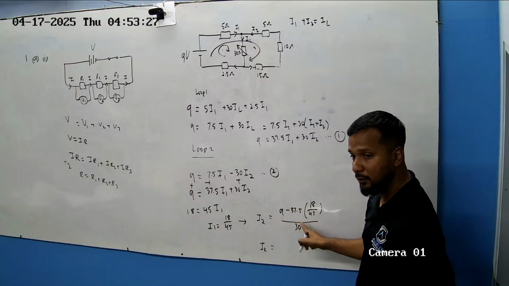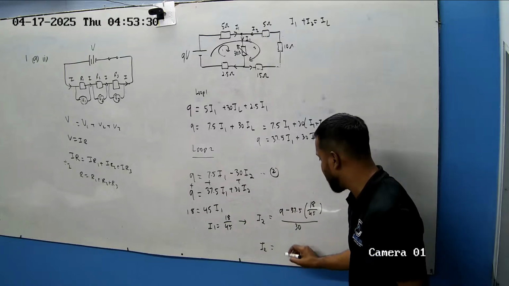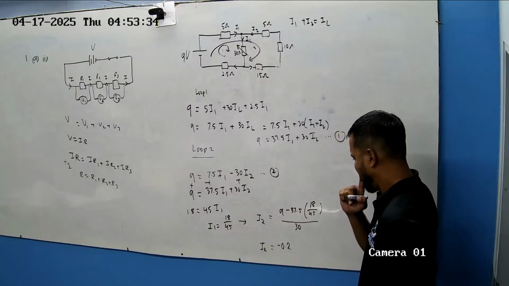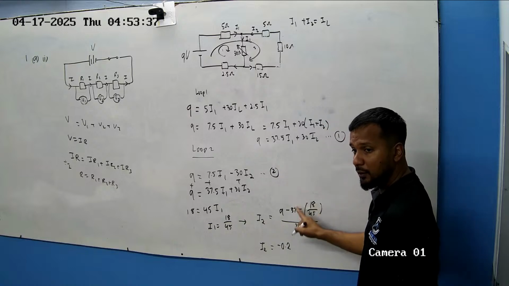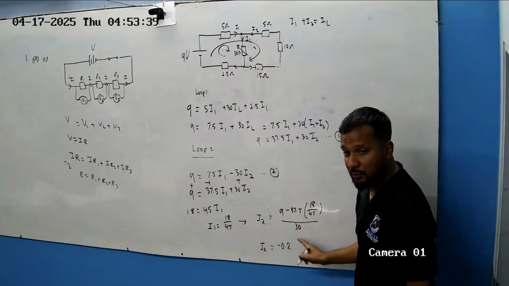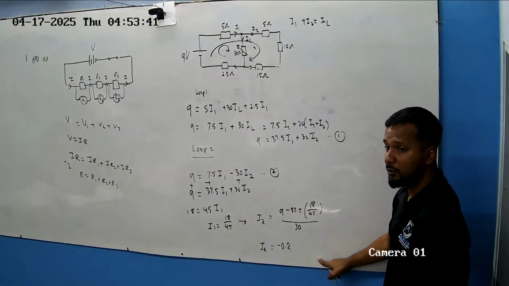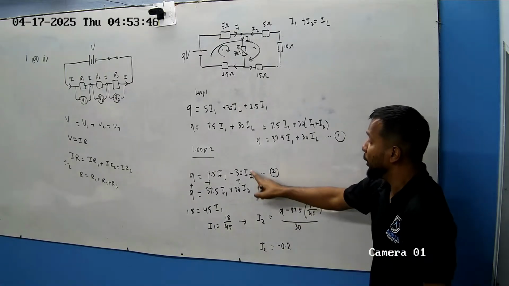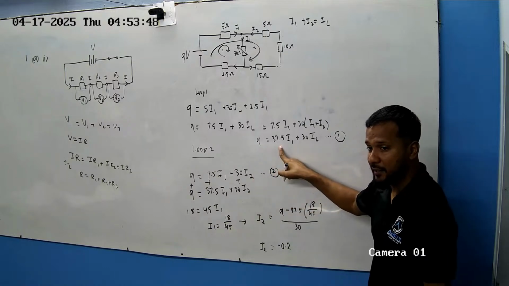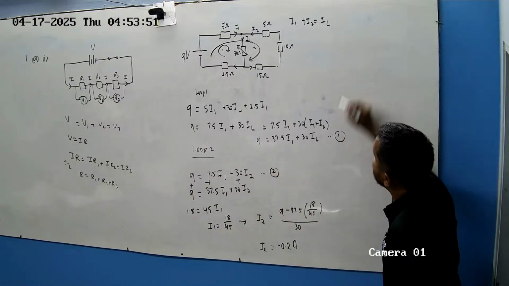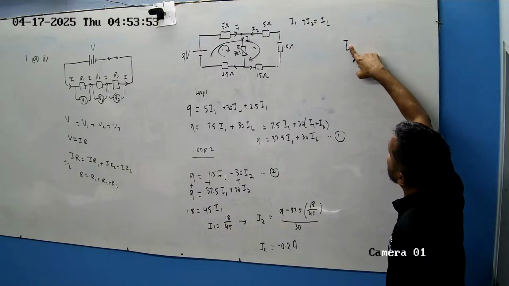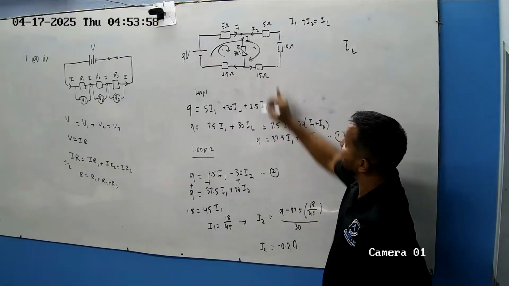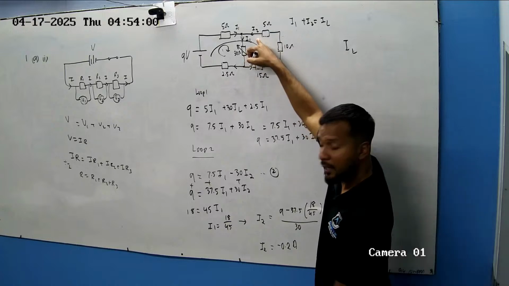How much do you get for I2? Negative 0.2. Put this whole thing in the calculator. So I just got the current direction now, and the sign shows it.